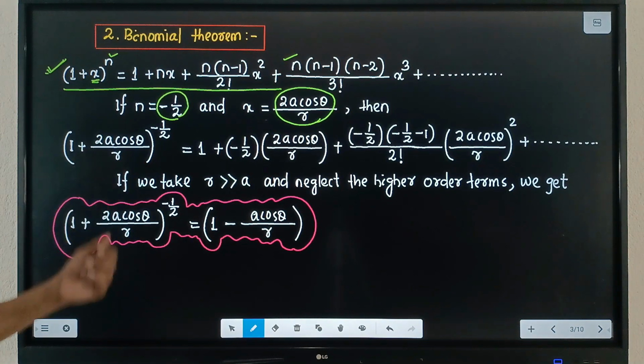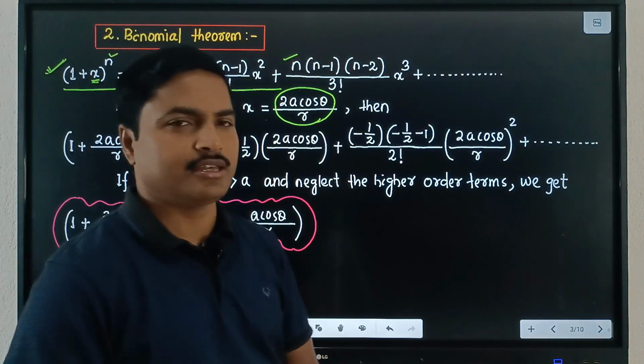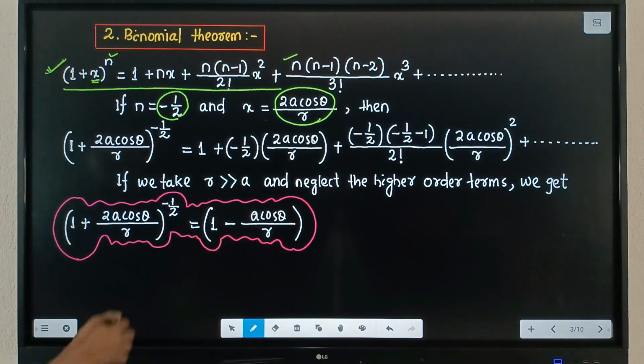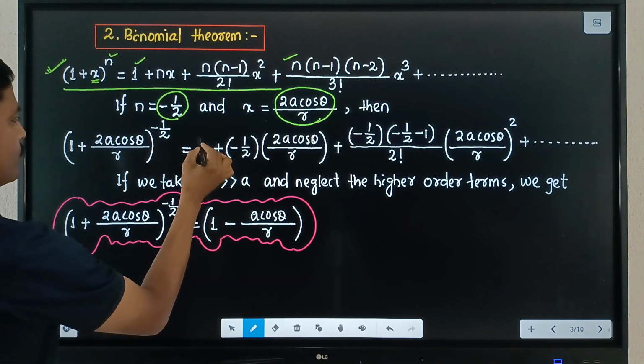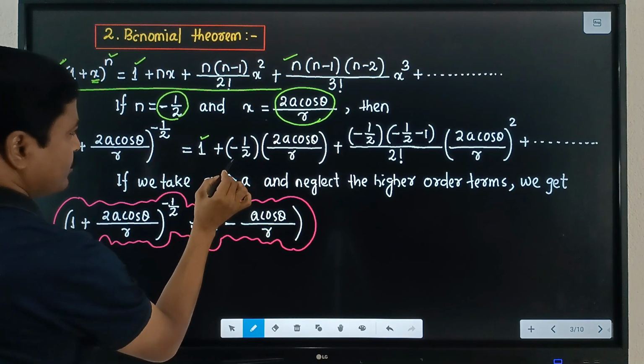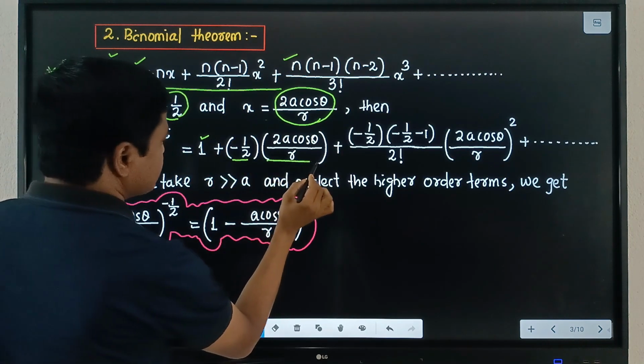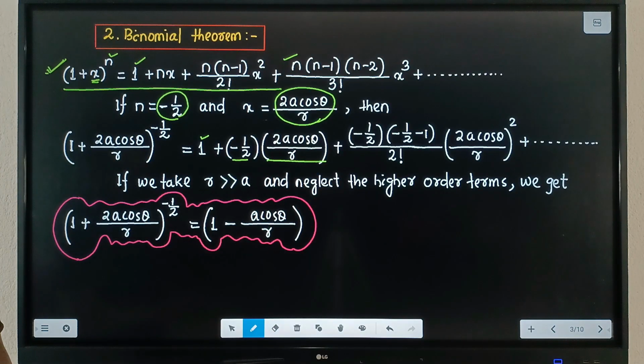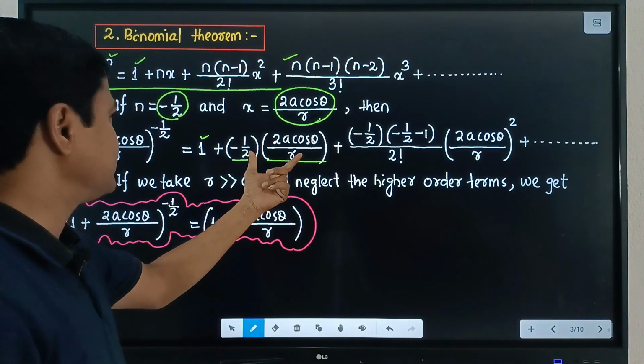If we solve this by applying the binomial theorem, the expression is like this. Here 1 is there, we write 1, then plus nx, where in place of n we write minus half, and in place of x we write twice a cos theta divided by r. This is the second term.